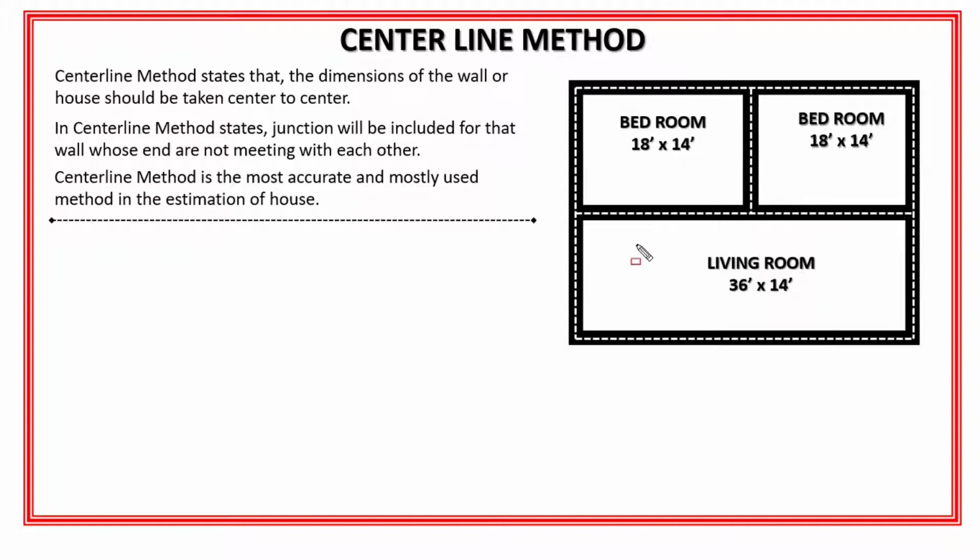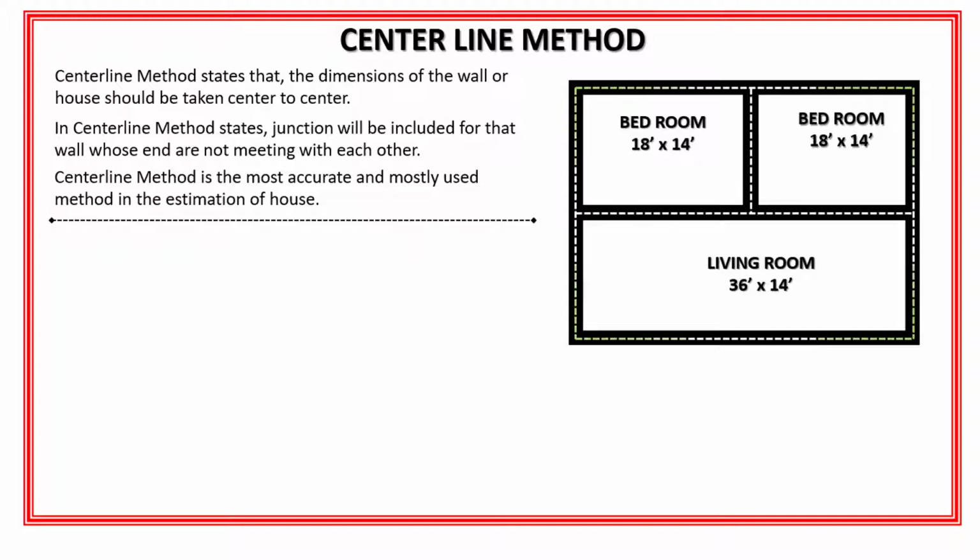Next I have to find out the length of this center line, because the length of this center line will be used in calculating the quantity of materials for this particular house. For that I will divide the white dotted center line into 2 parts.